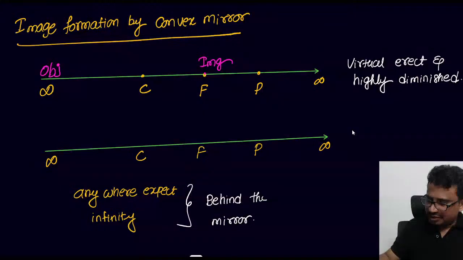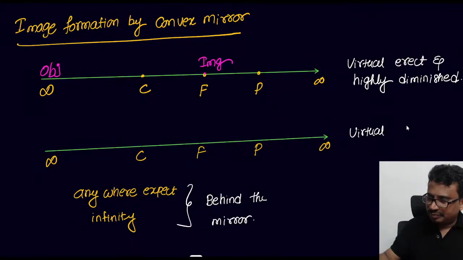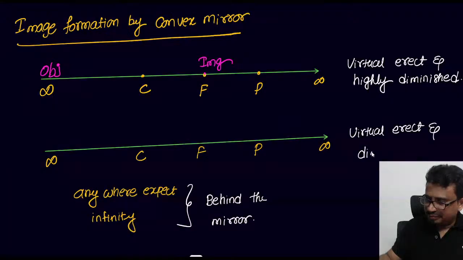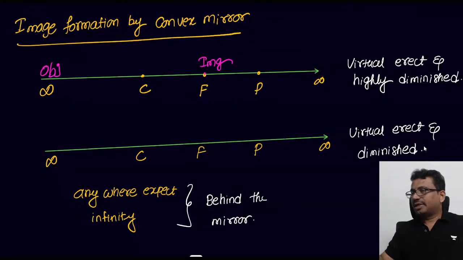And the nature of this image is what? Tell me. Virtual, erect, and diminished. Virtual, erect, and diminished.